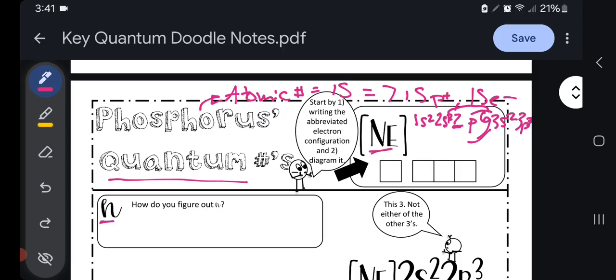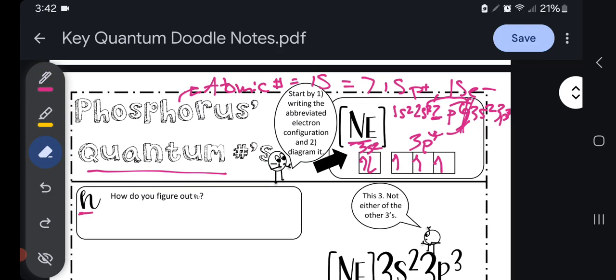So for the shorthand we put neon in brackets, and then we line up the electron configuration after that. Everything that comes after is 3s2, 3p3, because in reality the only thing that matters is where this last electron falls. So 3p3.